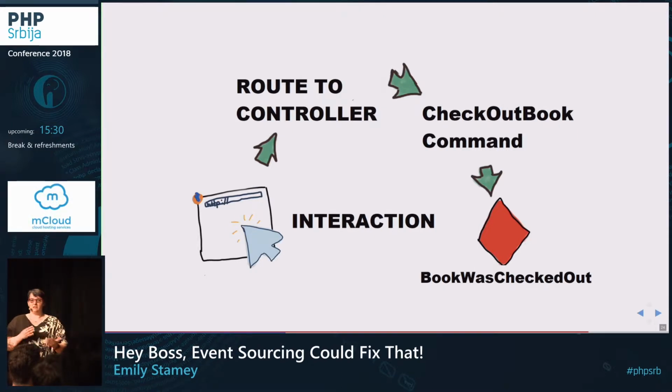Something along these lines: you have some interaction with your website, it routes it to the controller, and you can have this command, the checkout book command, that, providing the validation passes, creates that event, the book was checked out. You may be able to see the verb tensing changing just a bit in that.